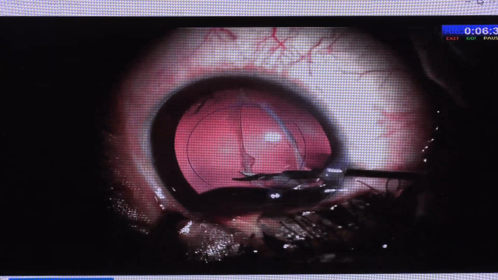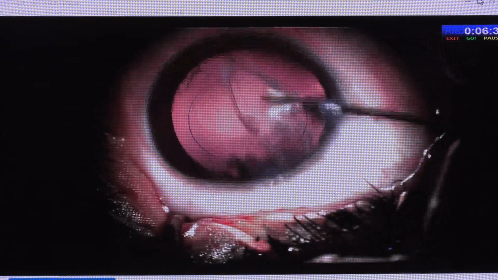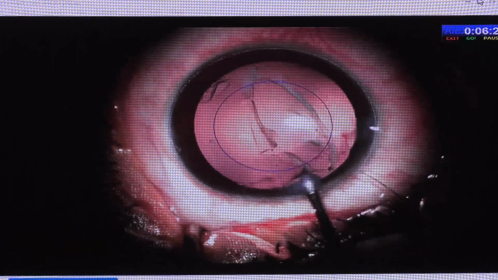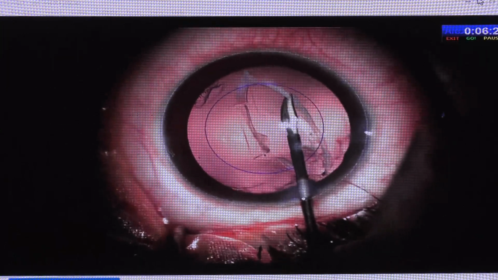Two nicks are given 5 mm apart in the margins of the fibrosed anterior capsule. This guides the size of capsular excess.